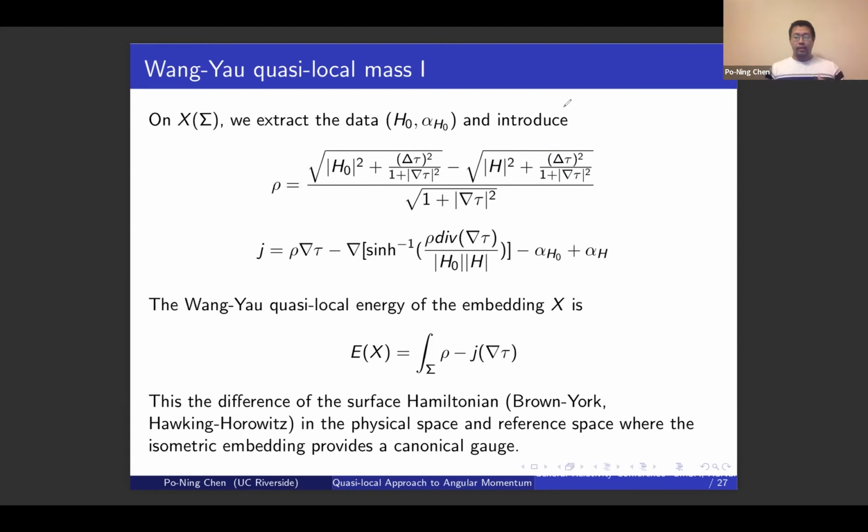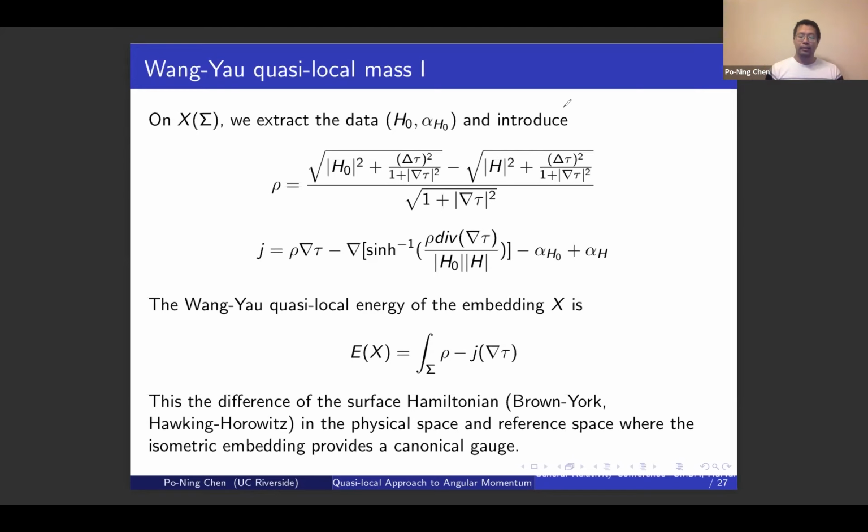Now this embedding provides a canonical gauge where one can evaluate the surface Hamiltonian written down by Brown-York and also Hawking-Horowitz, and compute the difference of the surface Hamiltonian in the physical space and the reference space.